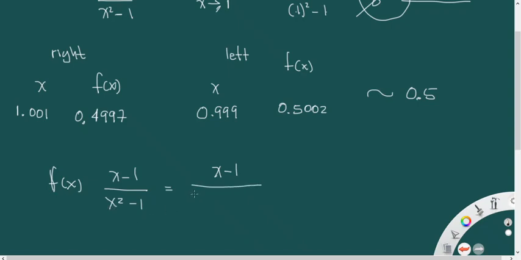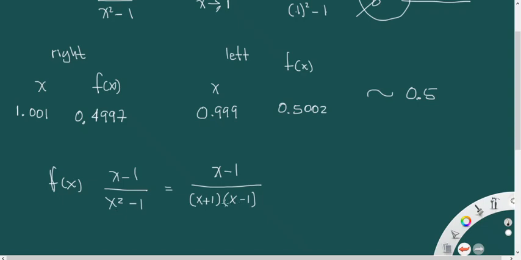If we factorize this one, we can say that this is equal to x plus 1 times x minus 1. You remember this from your algebra classes in the past.